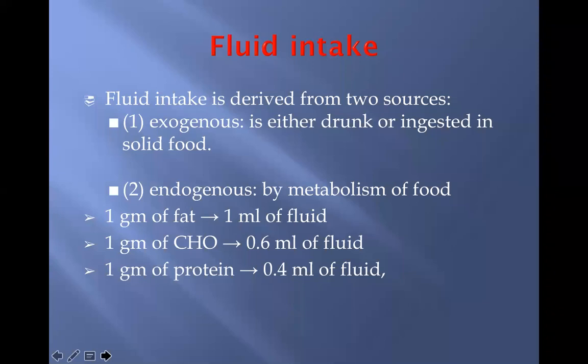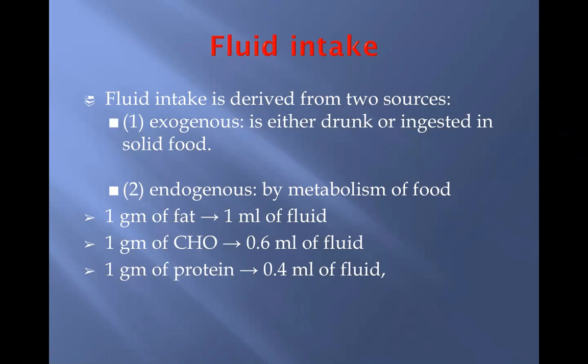The fluid intake is derived from two sources, either exogenous or endogenous. The exogenous is either through drinking or ingestion of food that contains fluid within it, while the endogenous is by metabolism of food itself.